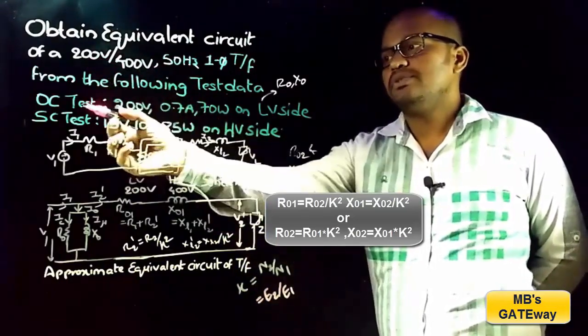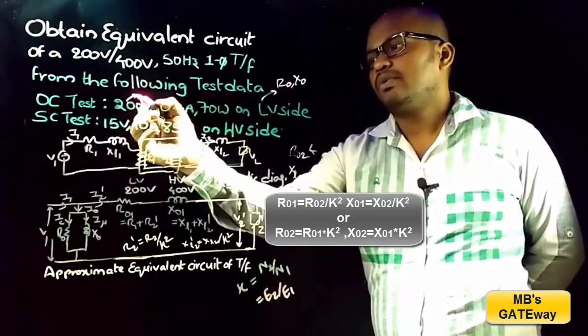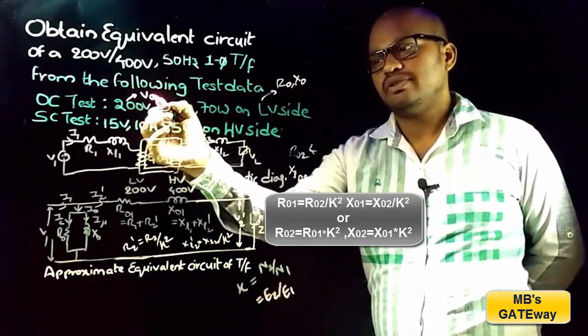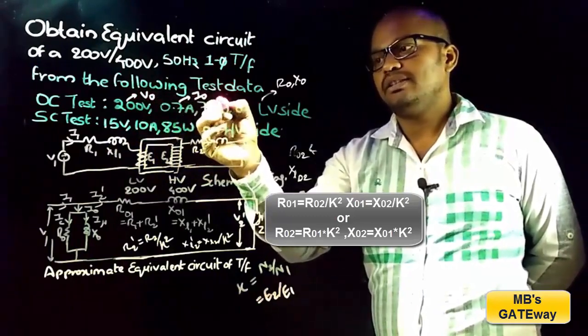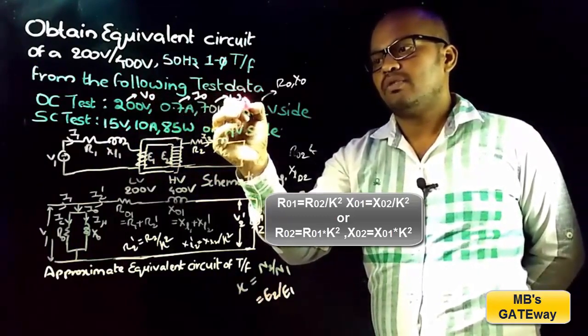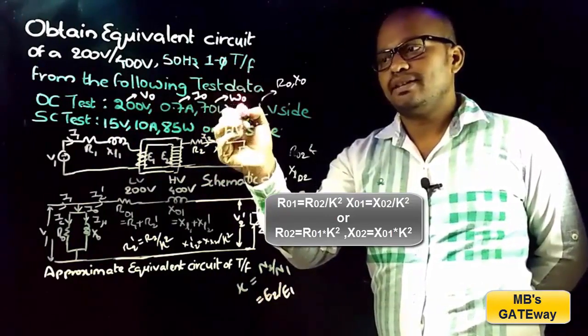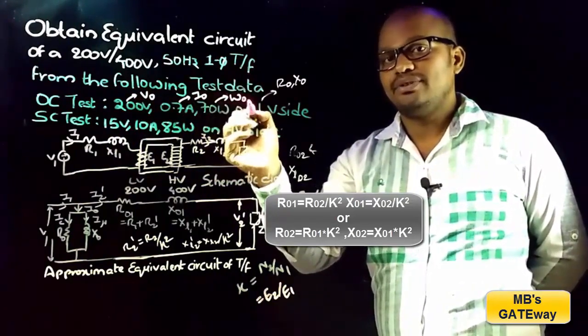So now by using open circuit test data, this voltage represents the no load voltage V0, this current represents the no load current I0, and this represents the wattmeter reading W0, which can be taken as equal to the iron loss of the transformer.